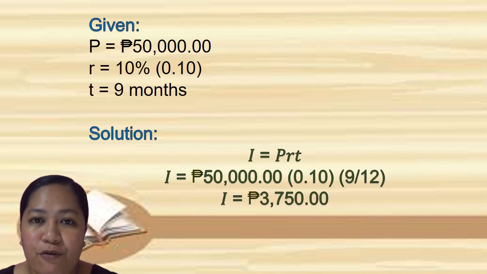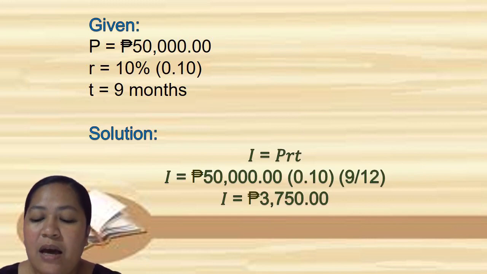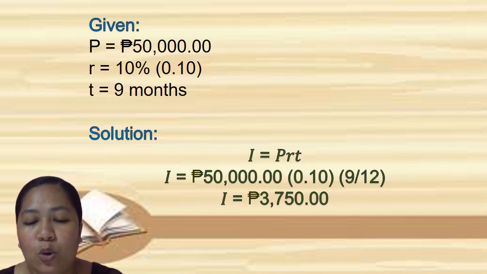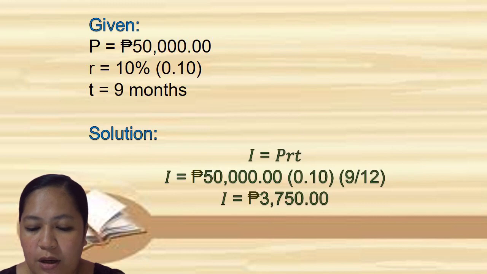So that would be 9 over 12. If we multiply 50,000 times 0.10 times 9 over 12, the answer will be 3,750. That will be the total interest that Christine will be paying the bank.